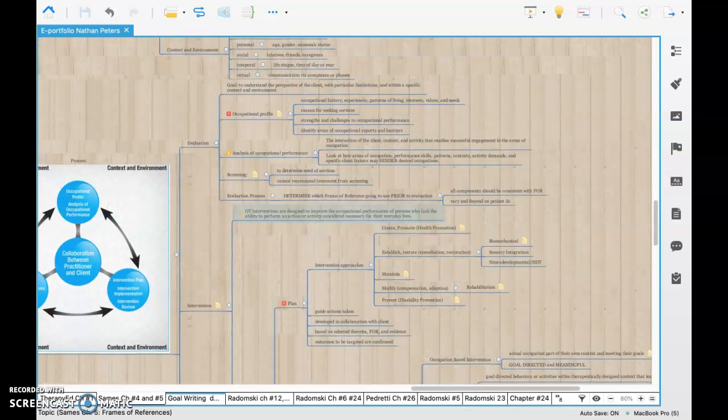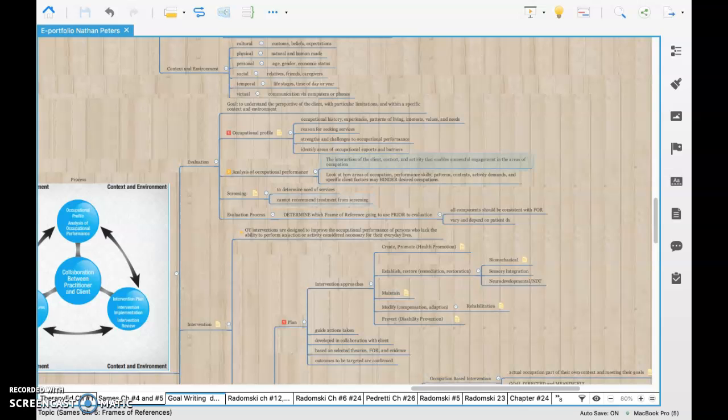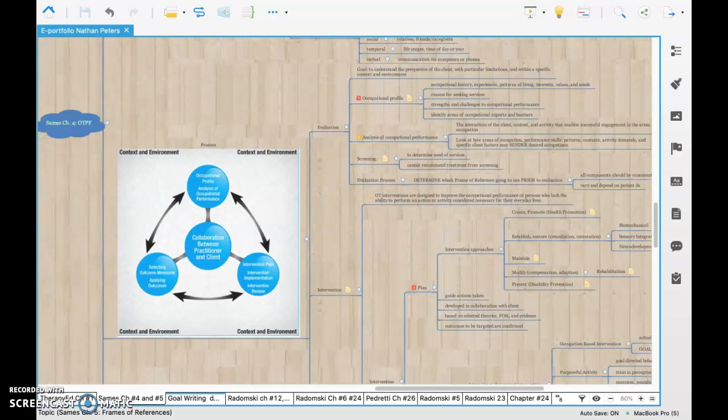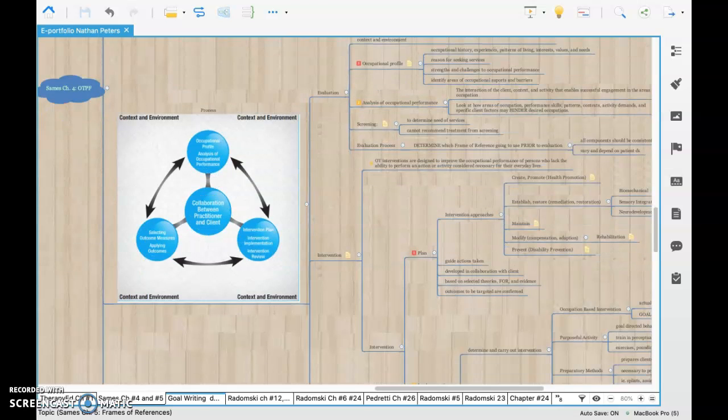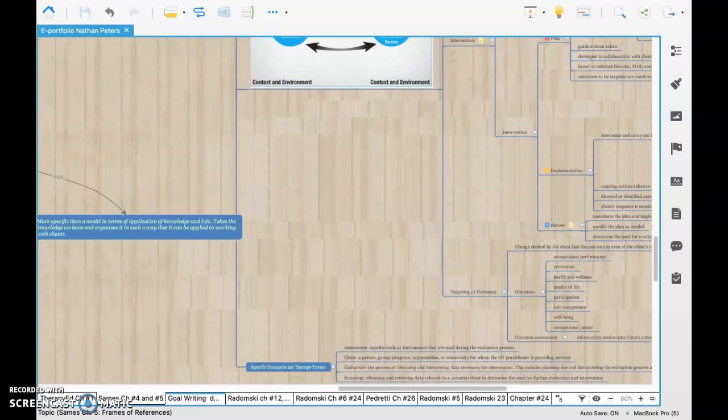A lot of my mind maps here are going to go from left to right, and they're going to be the same color. I think consistency is key. Even just establishing this as an Xmind is going to teach me to establish a routine for studying for the NBCOT, whether it's 4 hours a day, five times a week. It really helps with a plan.